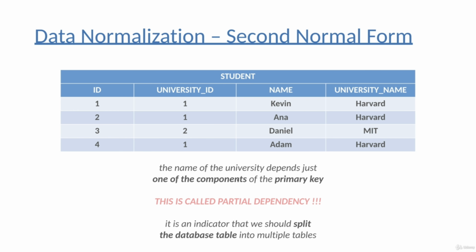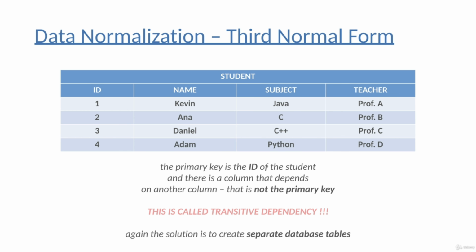This is when we are dealing with partial dependency. What about transitive dependency? If we are dealing with transitive dependency, then we are considering columns that have nothing to do with the primary key. The primary key is the ID column, and we are dealing with the subject and the teacher. So there is a relationship between the two columns, and it is called transitive dependency.